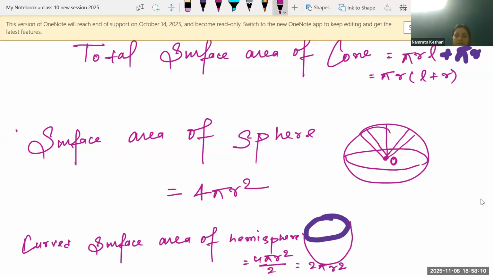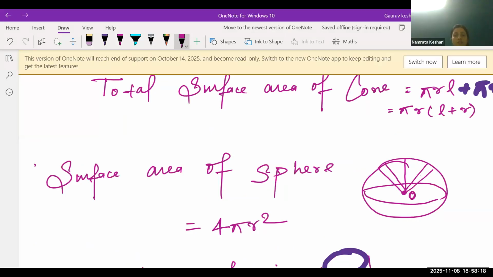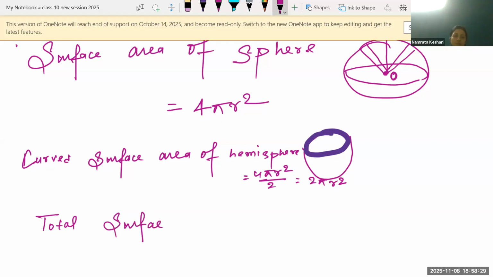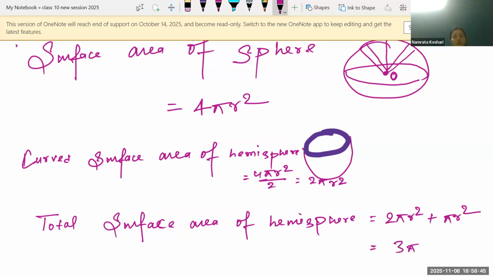And the total surface area of hemisphere is the curved surface area plus this circular lid's area. Total surface area of hemisphere is this curved surface area plus the circular lid area. And hence the formula became 3 pi r square, and we are done with all the formulas for surface area.